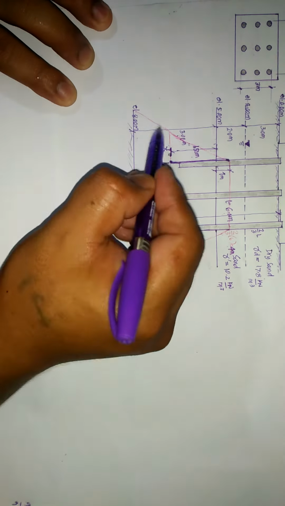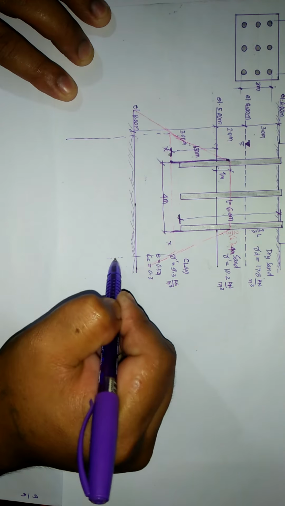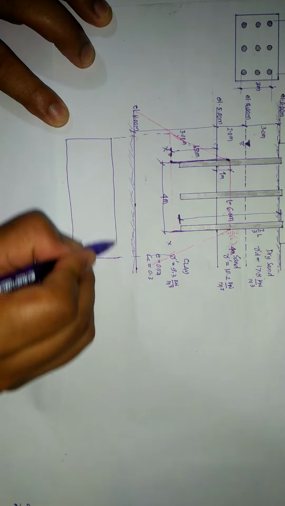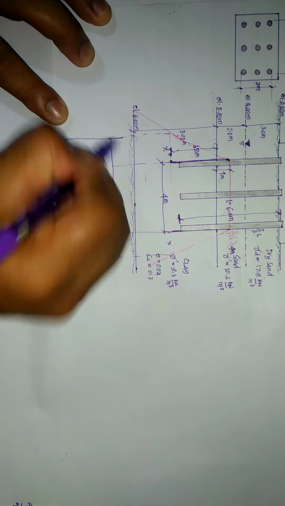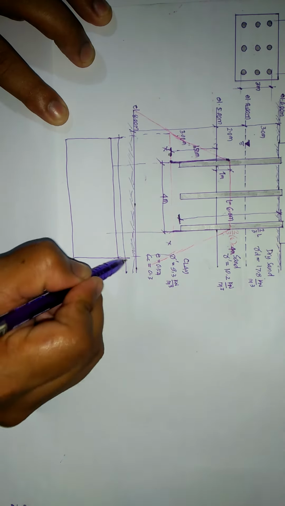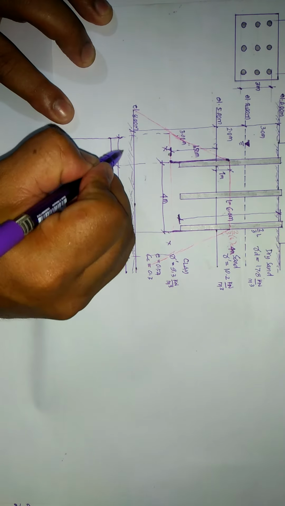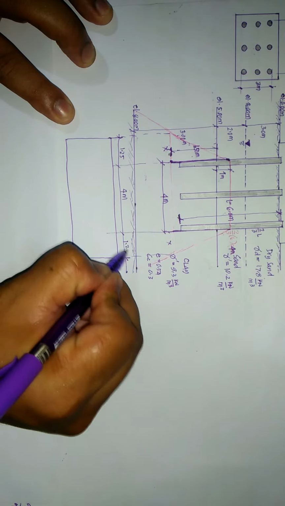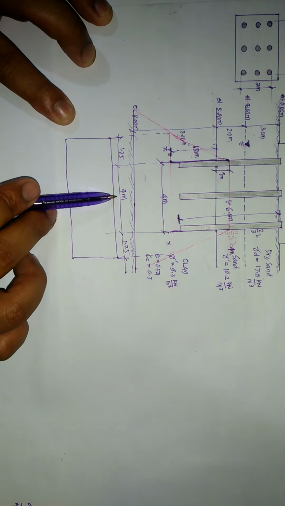Set natin. So, extend ko lang to. Okay, so at mid-height of your clay layer to. So, this is 1.25, 4 meters. Or 2.5 plus 4 meters.